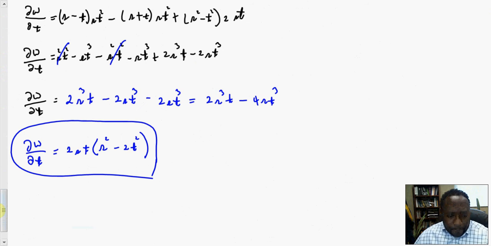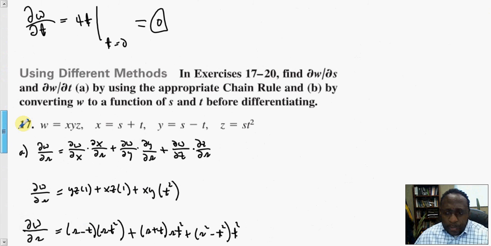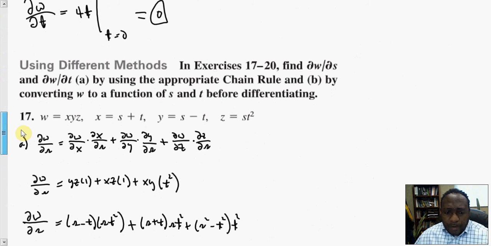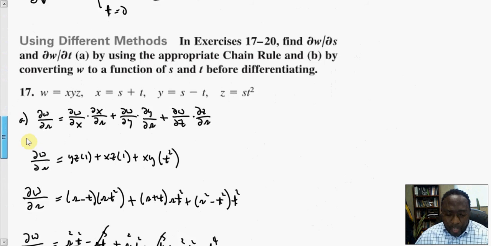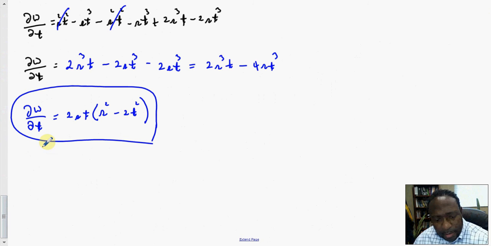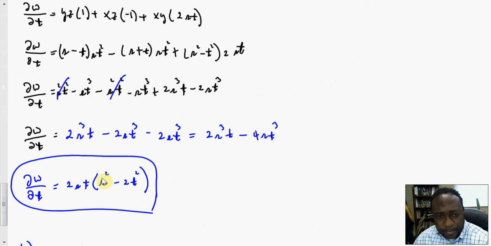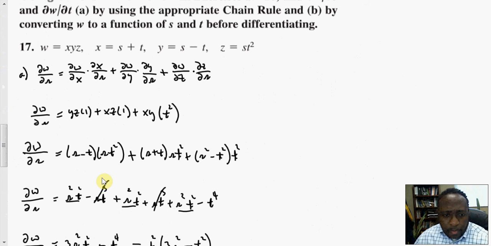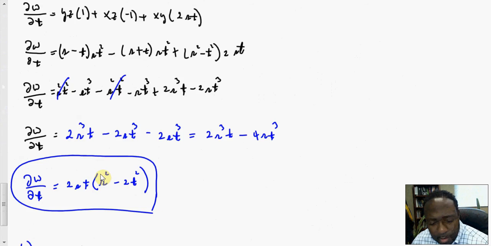All right, so now let's see. Part B said to do what? Part B says by converting w to a function of s and t beforehand and then differentiating. All right. So part B, w is said to be x times y times z, right? So we're going to replace the x with s plus t, replace the y with s minus t, and replace the z with s t squared.